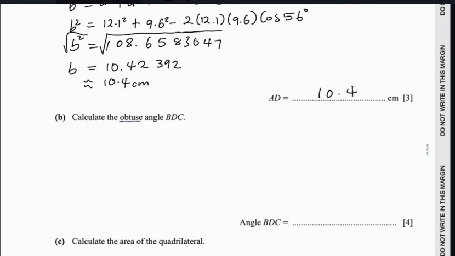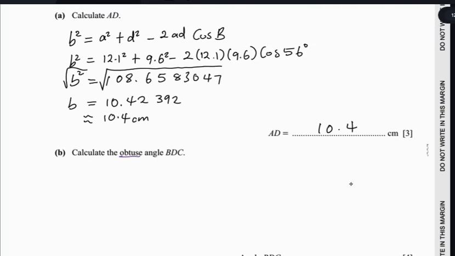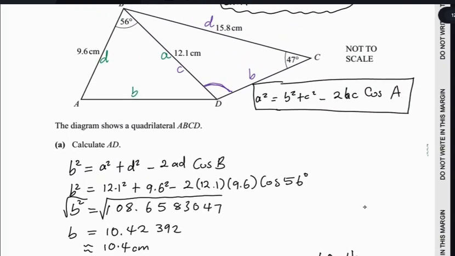Are we using the sine rule or the cosine rule? We can go back to the diagram. We're looking for an angle, we can say this is theta in here. Do we have one of all the sides? Yes, we have side D. So we can use the sine rule.